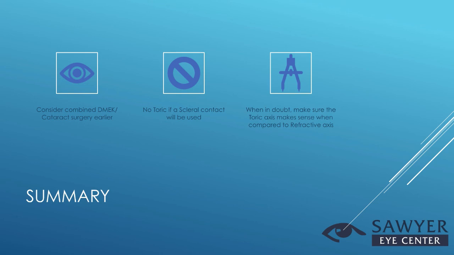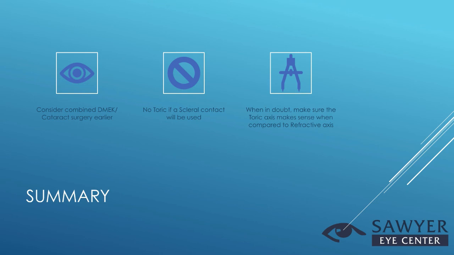The results after DMEK, if you can remember, are 20/20 to 20/30, and the rejection rate is very low, 1 to 2%. So this surgery can be considered earlier in patients who are on the fence of needing a transplant and cataract surgery.